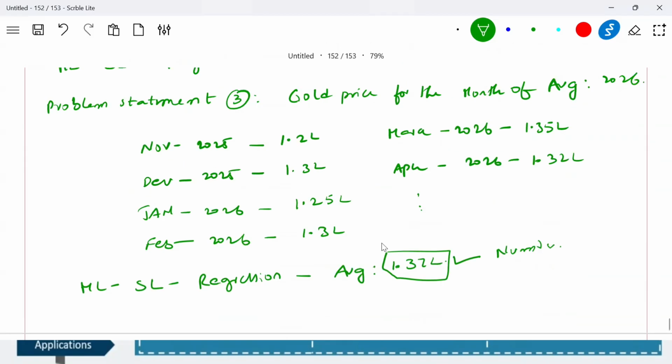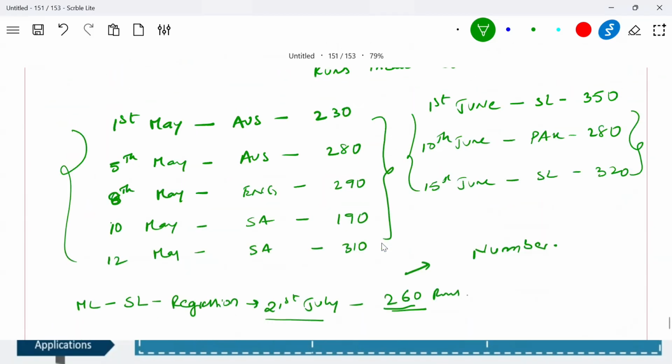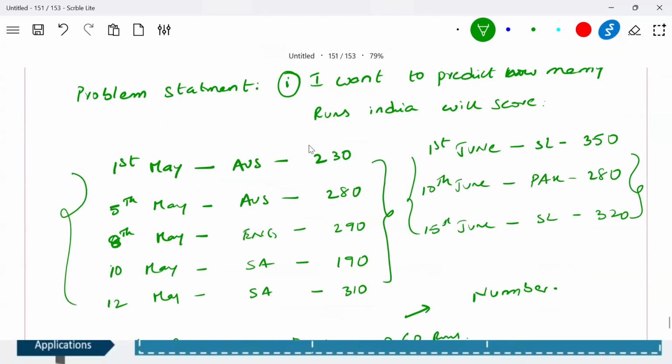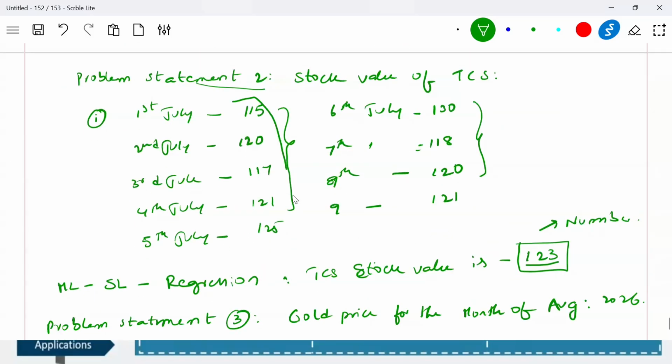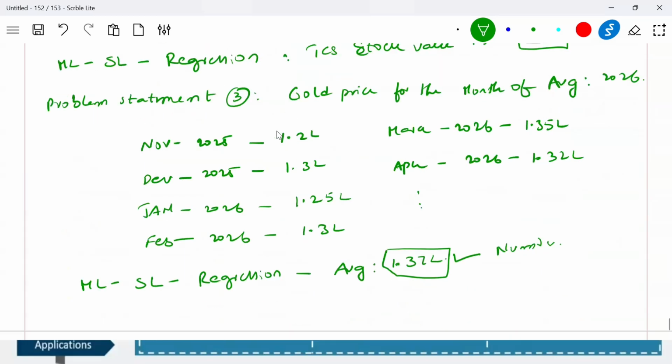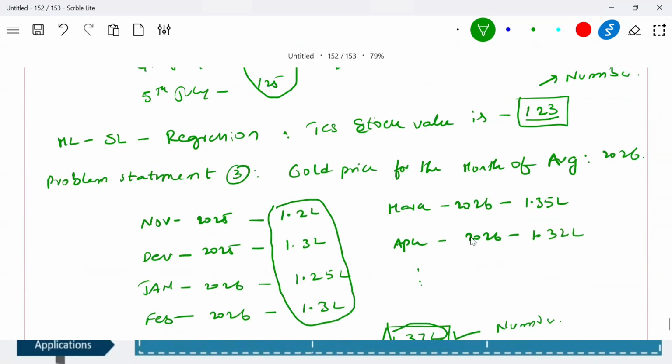So in all three cases, what we have taken is past numerics: past scores, which are numbers, stock values, which are numbers, gold price past data, which is in the form of numbers. And what we are predicting is a numeric value here.